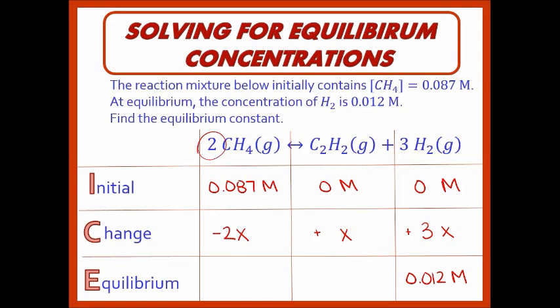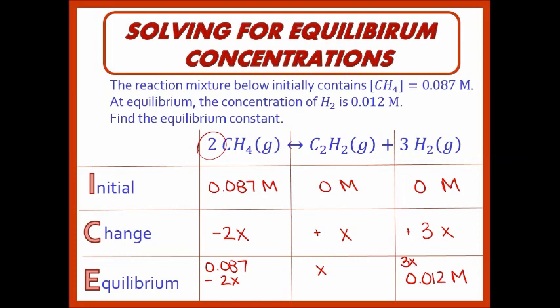At equilibrium, the concentration of CH4 is 0.087 minus 2x. The concentration of C2H2 is 0 plus x, which is just x. And the concentration of H2 is 0 plus 3x, so that's just 3x.